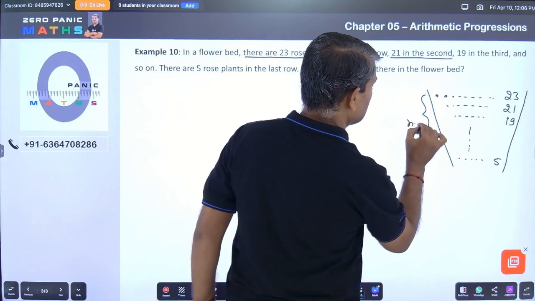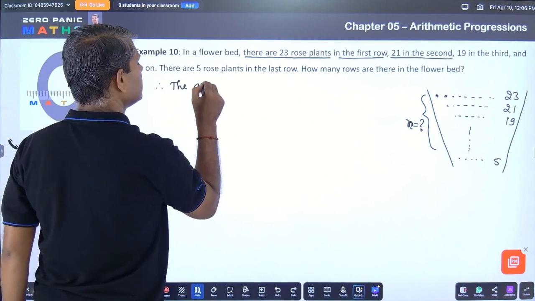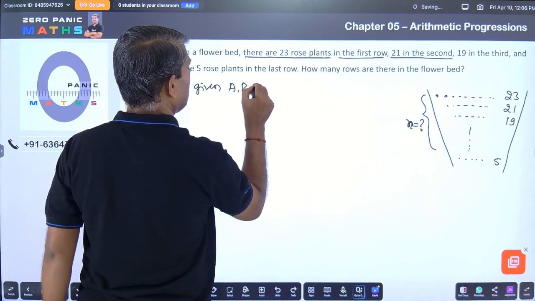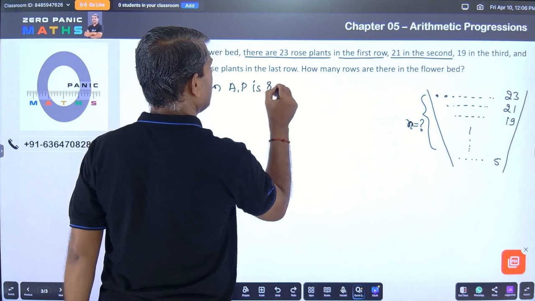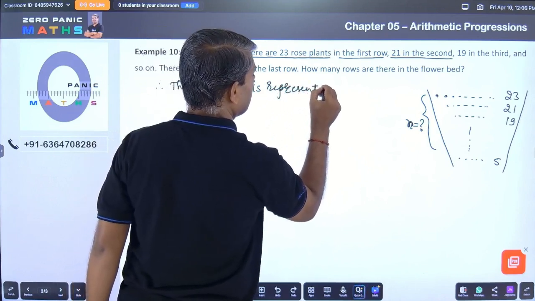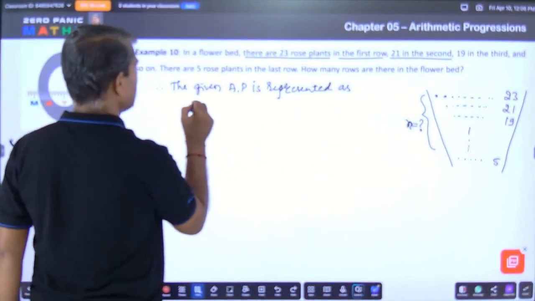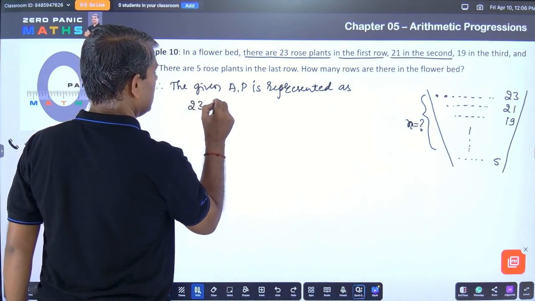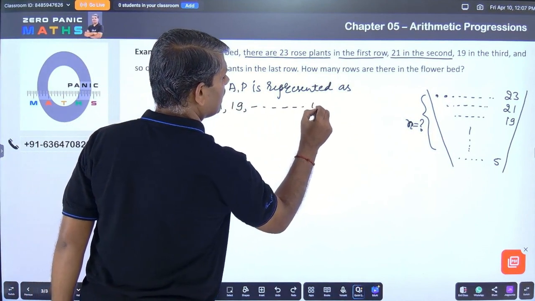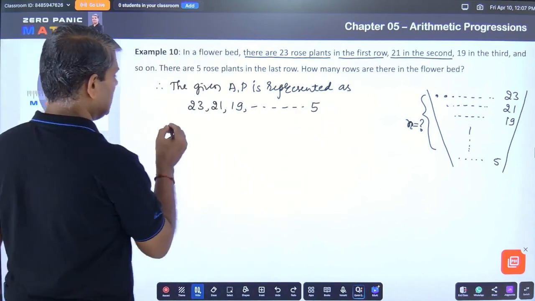What is this? N. The given AP is represented as 23, 21, 19, and finally 5. And what we need to find out is N. Simple.